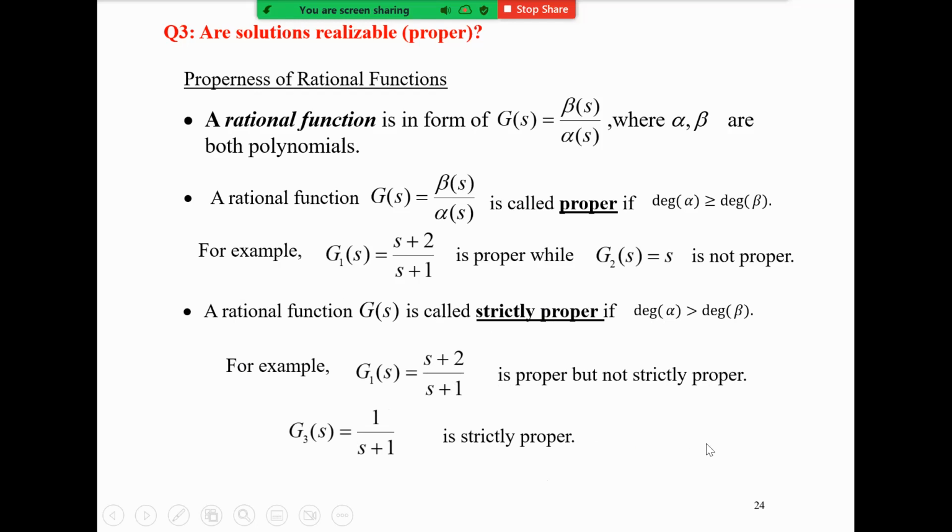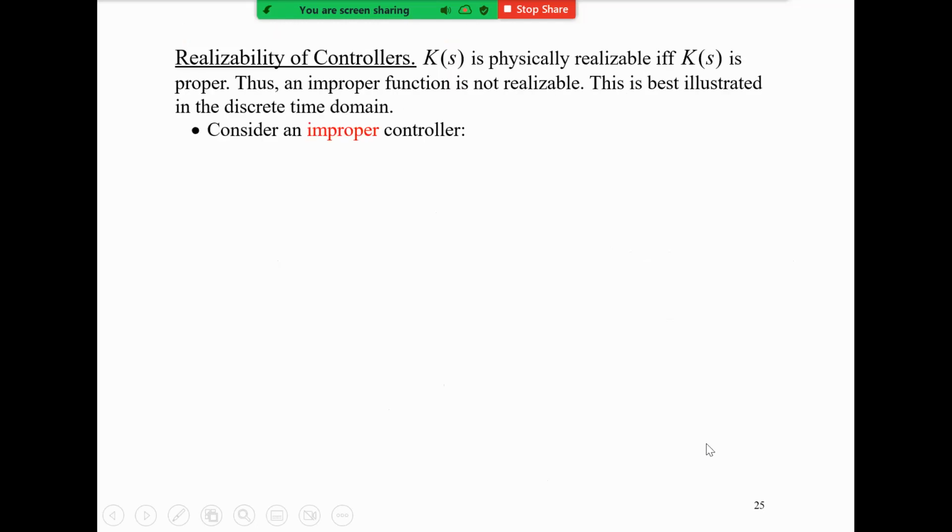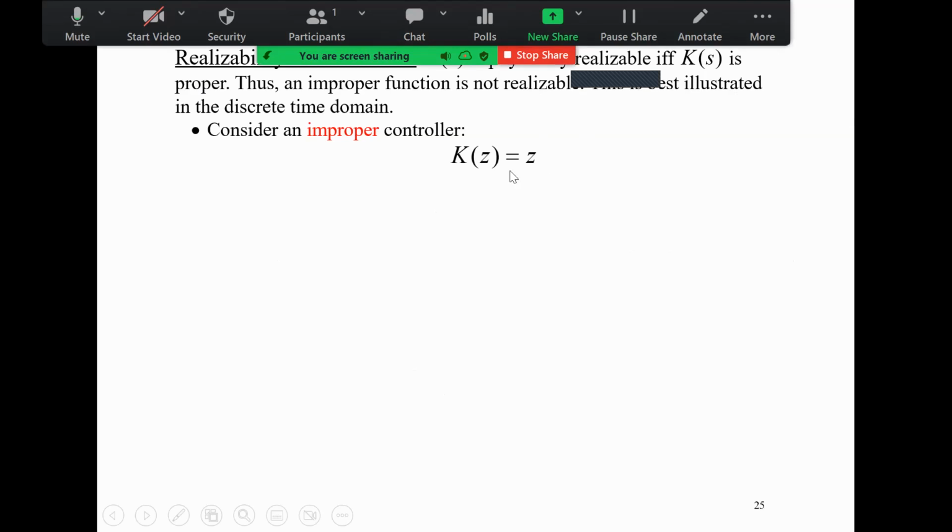proper. Is that clear? But then the question is, why do we require the transfer function of the controller to be proper? To understand this, let's take a look at the transfer function in the discrete time domain, because that one is very simple for you to see why the transfer function of the controller cannot be improper, like this one.